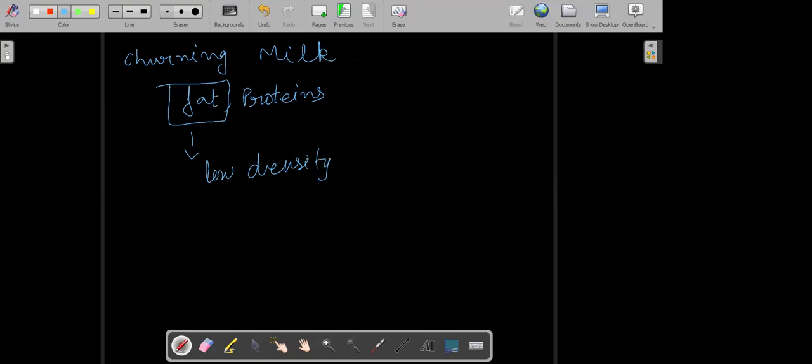So in the churning of milk, again the centrifugation works here. Because of the centrifugation, the fat particles experience lesser centrifugal force, so they try to remain towards the center, whereas the heavy particles experience greater force and they move away. Got it?